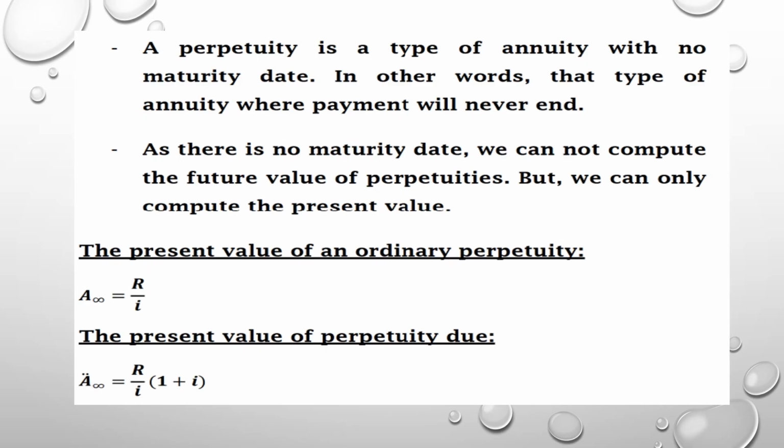A perpetuity is a type of annuity with no maturity date, or in other words, that type of annuity where payment will never end. The perpetuity is being paid till the end, and there is no maturity date for this annuity.